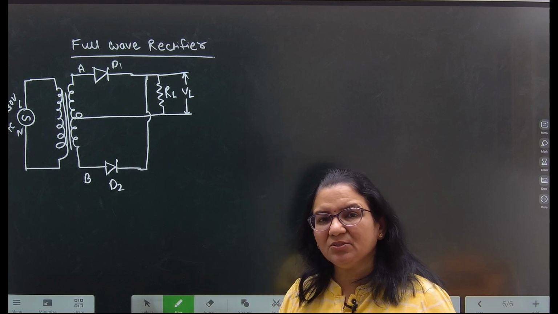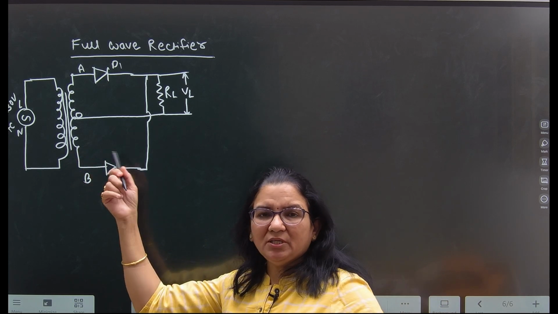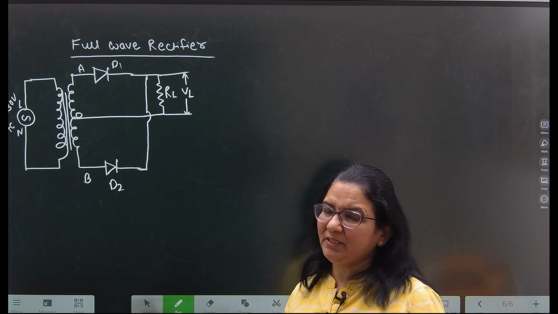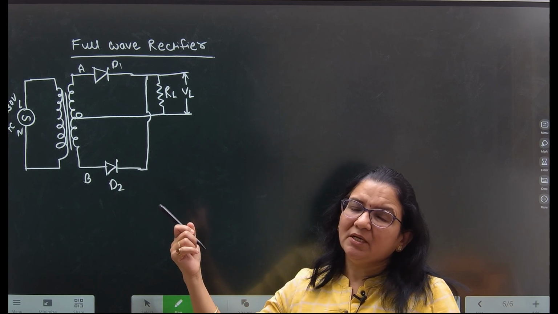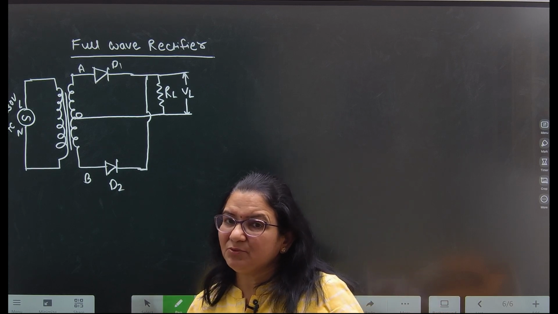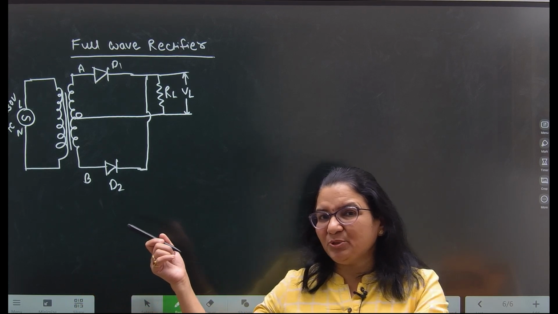Understand the construction of full wave rectifier. In full wave rectifier, again a transformer is used at the input side. But in half wave rectifier it was a step down transformer. Here it is a center tap transformer.